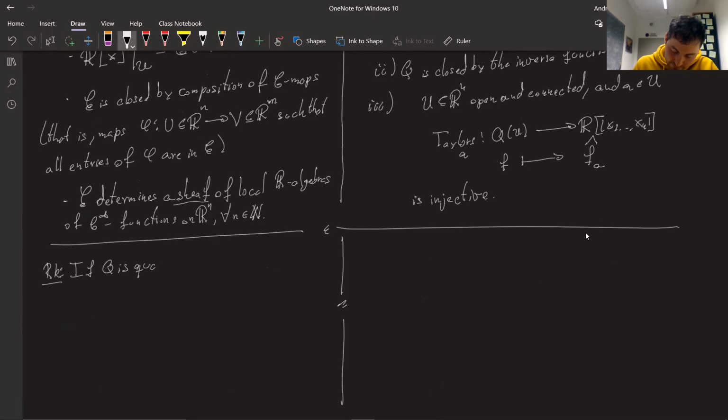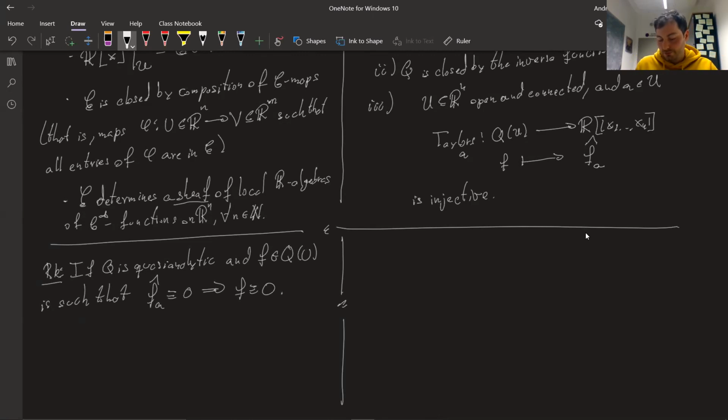If f is quasi-analytic and f is such that its Taylor expansion is 0, then f is constant equal to 0, at least in U connected; the remark is with U connected.